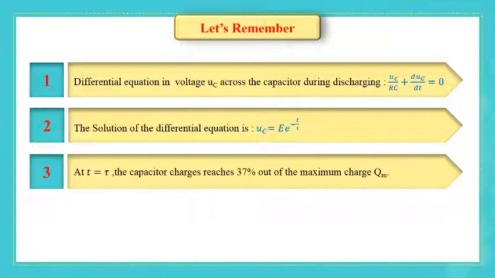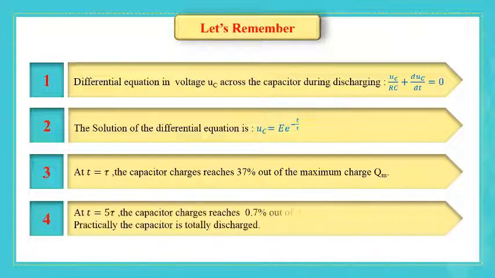At t equals tau, the capacitor charges reach 37% of the maximum charge Qm. 4. At t equals 5 tau, the capacitor charges reach 0.7% of the maximum charge Qm. Practically, the capacitor is totally discharged.